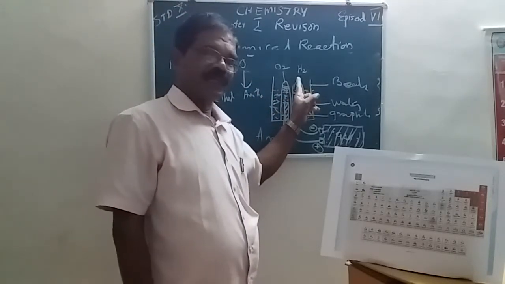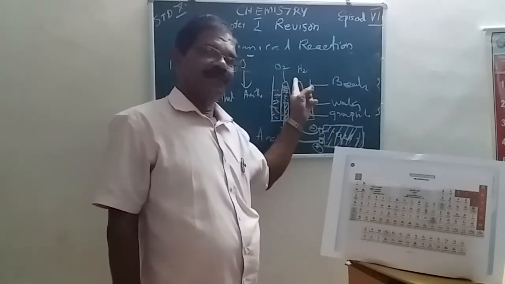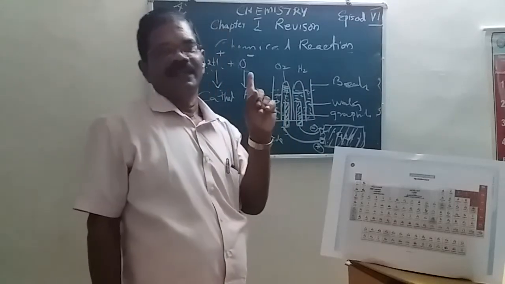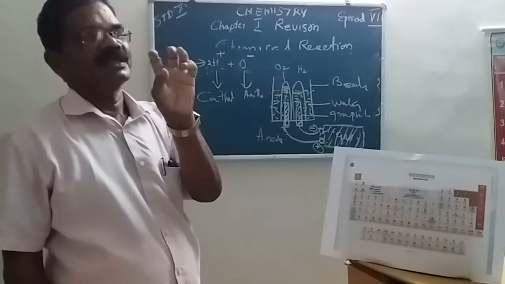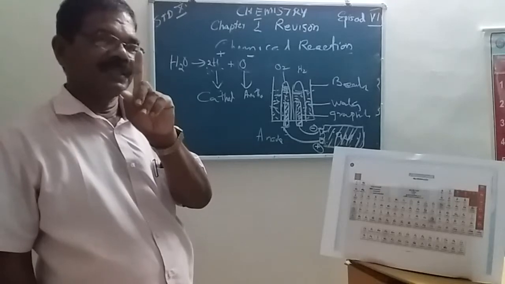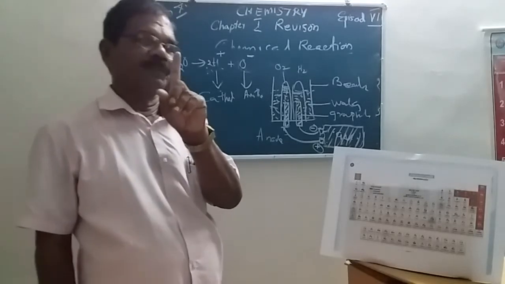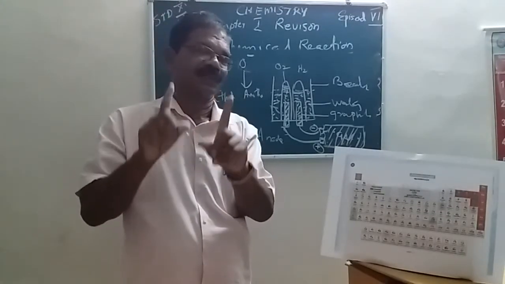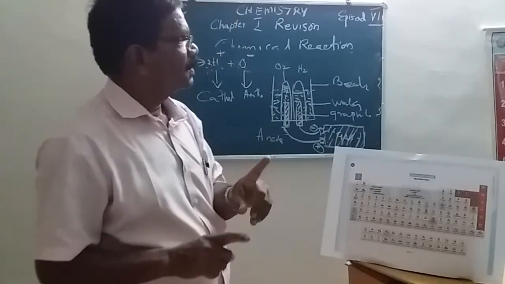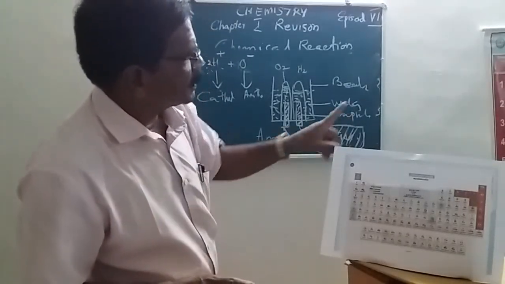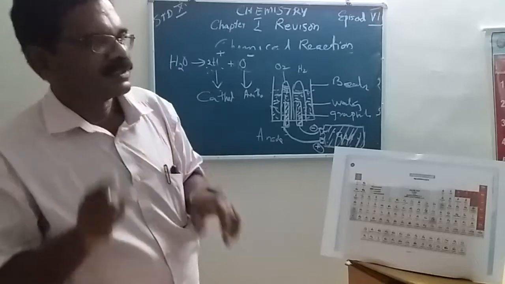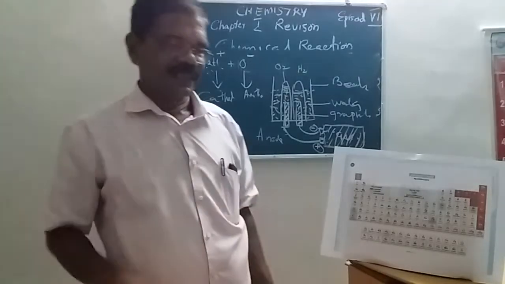In your periodic table, where is the position of hydrogen? Hydrogen is placed as the first element, in the first group at the top. It is not connected to the first group. Yes, it has a certain speciality.